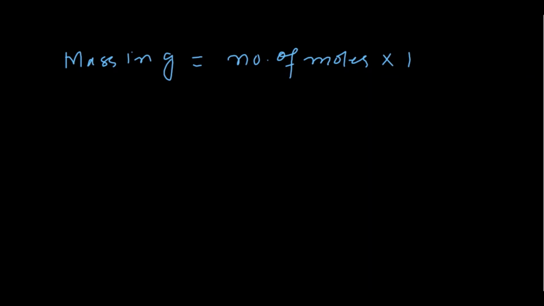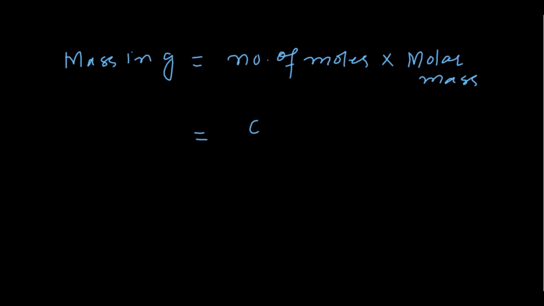Now we will see what formula is used to calculate mass in gram. We know very well mass in gram is equal to number of moles multiplied by molar mass. This formula is used to convert number of moles into mass in gram. How many moles of carbon dioxide are given?